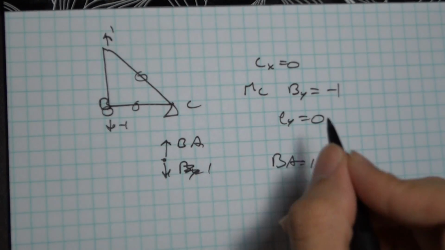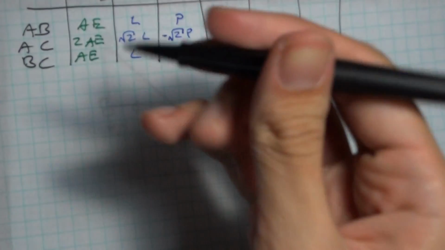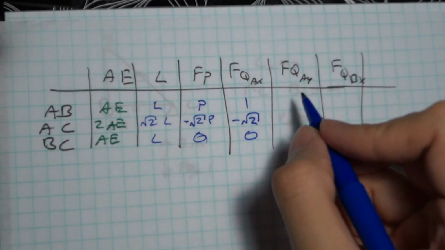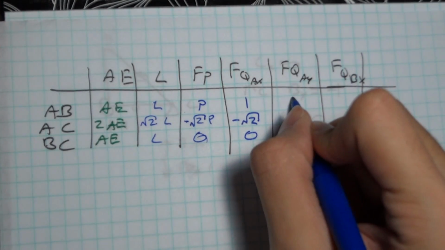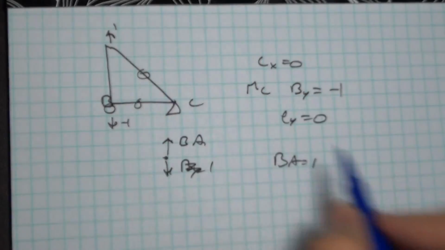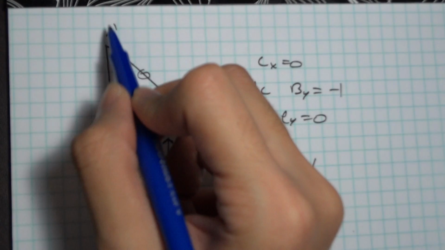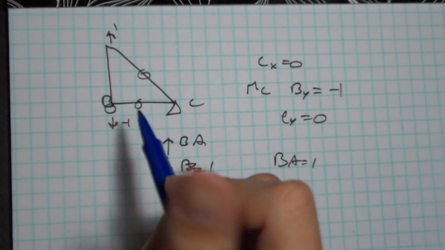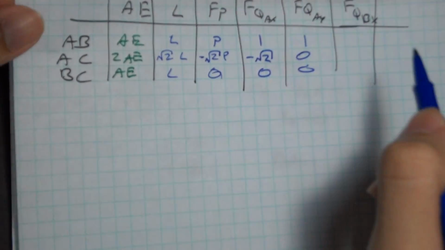So BA equals 1. Notice that it's in tension, right? I'm pulling this one upwards, this one can't move. If I'm pulling on something that is not able to move, then I'm causing tension in it. And my other two things are going to be 0.